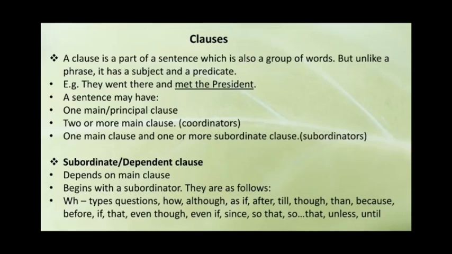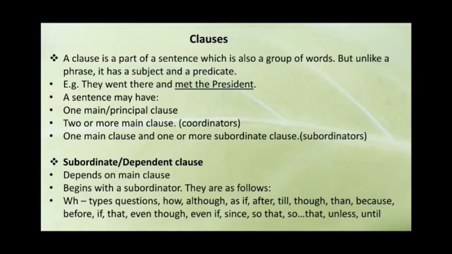So children, coordinators are conjunctions. Okay? Coordinators are the conjunctions which are with the main clause, and subordinators are the conjunctions or joining words with the dependent or subordinate clause. Now let's see what is a subordinate or a dependent clause.